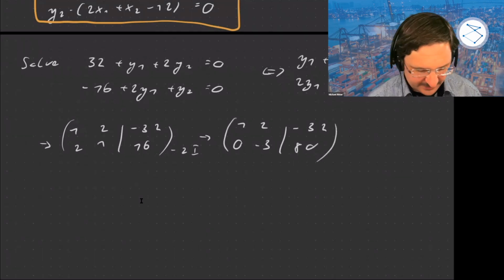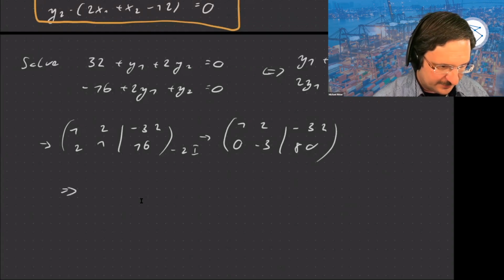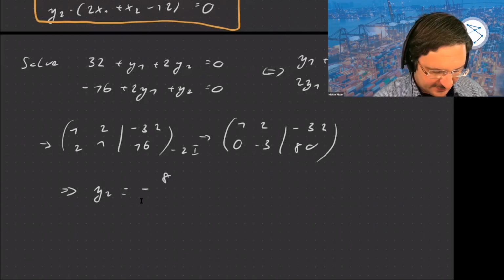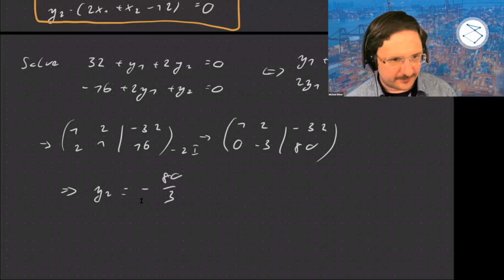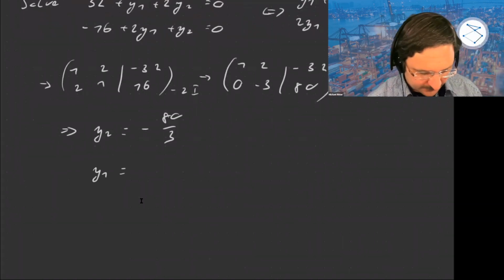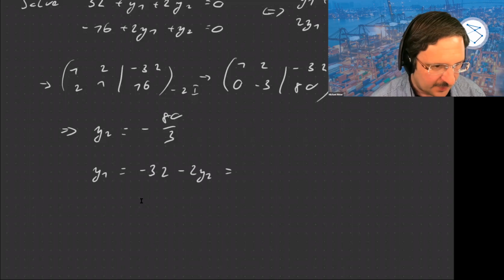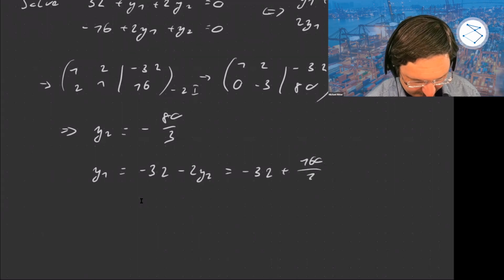Correct? So that means we get y2 equals minus 80 over 3. And y1 equals minus 32 minus 2 times y2. So that would be minus 32 plus 160 over 3.